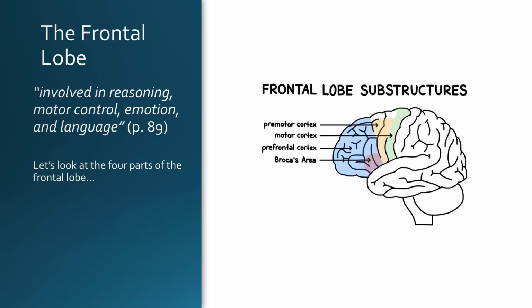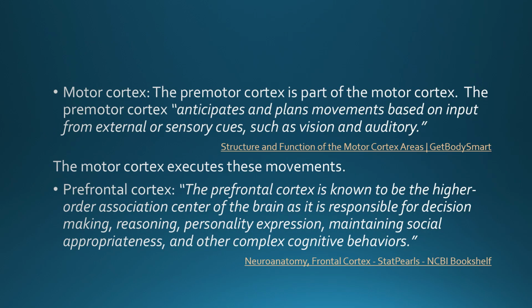The frontal lobe is involved in reasoning, motor control, emotion, and language. As far as the parts of it go, the premotor cortex is part of the motor cortex. The premotor cortex anticipates and plans movements based on input from external or sensory cues, such as vision. We know that's one of the five senses, and auditory cues.